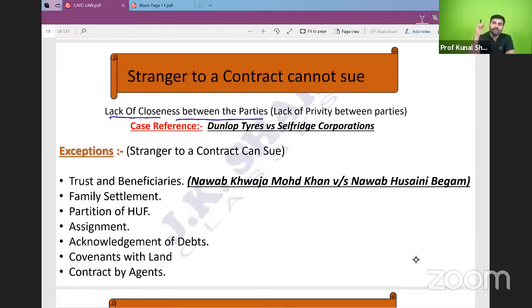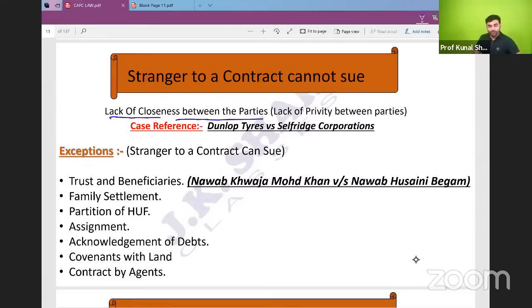For example, there is a contract between Mr. X and Mr. Y. Then, if there is a breach of contract, Mr. X can file a case against Mr. Y. In a similar way, Mr. Y can also file a case against Mr. X. But can Mrs. X file a case against Mr. Y? No. Mrs. X cannot file a case against Mr. Y stating that Mr. Y has done a breach of contract.